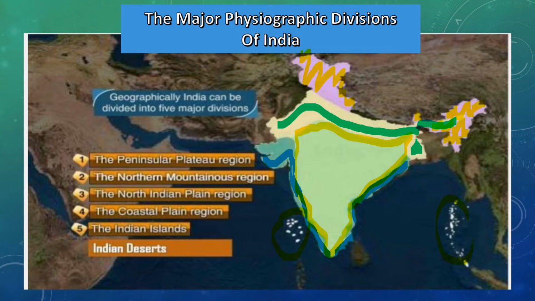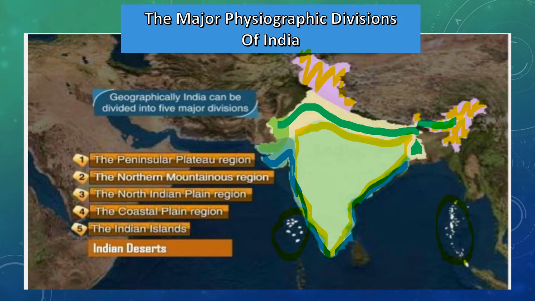And you have studied them in the previous chapter as well. And how can we miss the great Indian desert, the Thar desert, and the Rann of Kutch? So that's where we end.